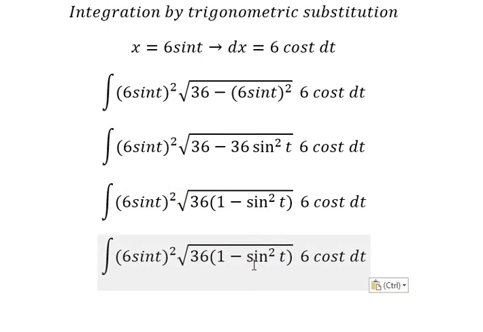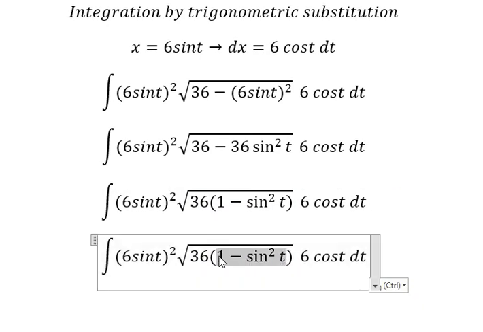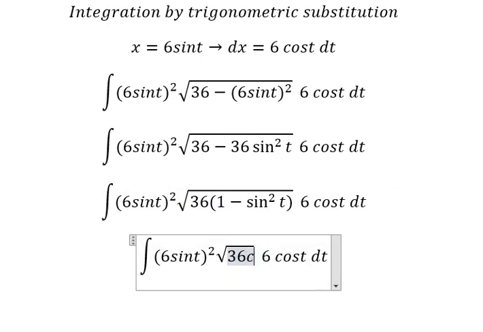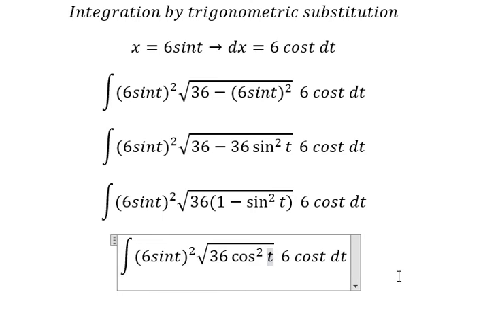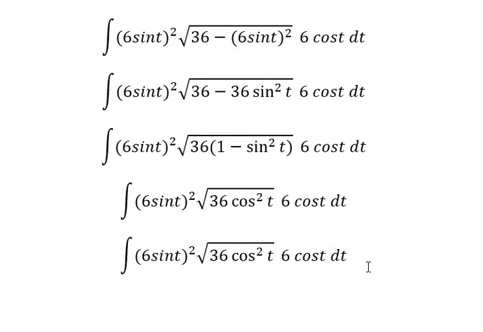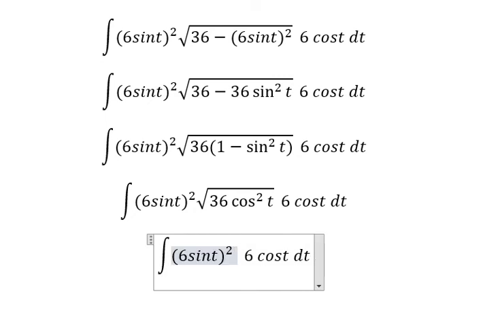One minus sin t squared, you get cosine t squared. The square root of 36 cosine t squared is 6 cosine t.